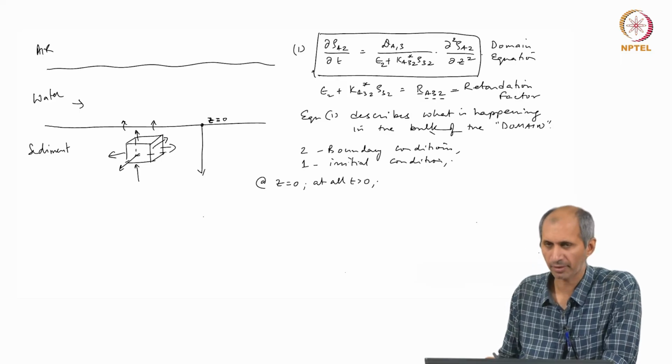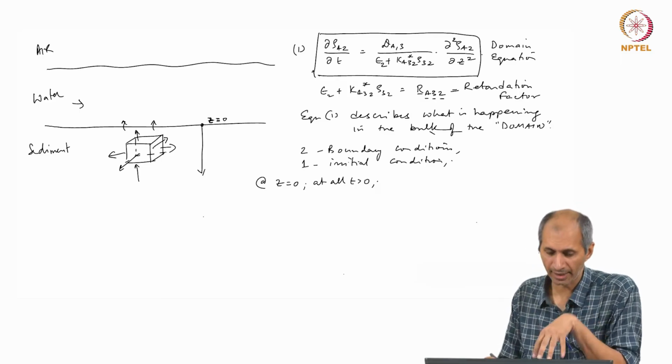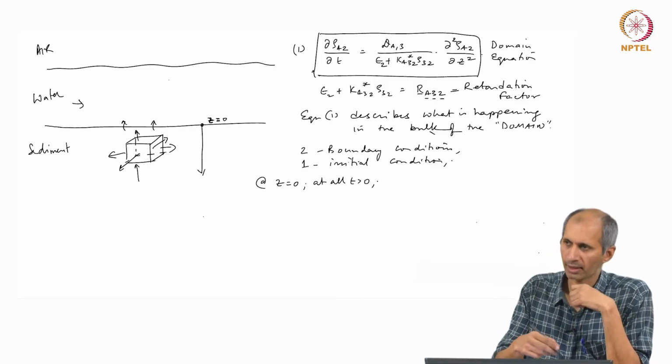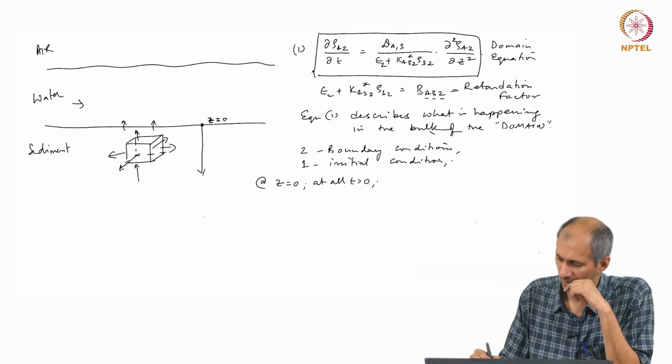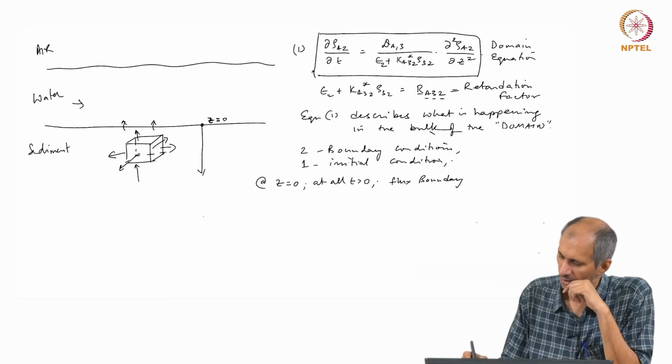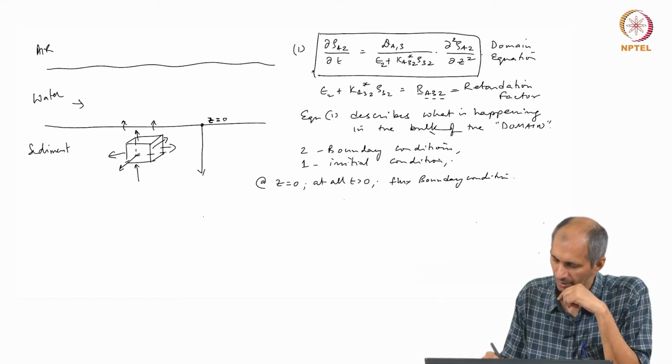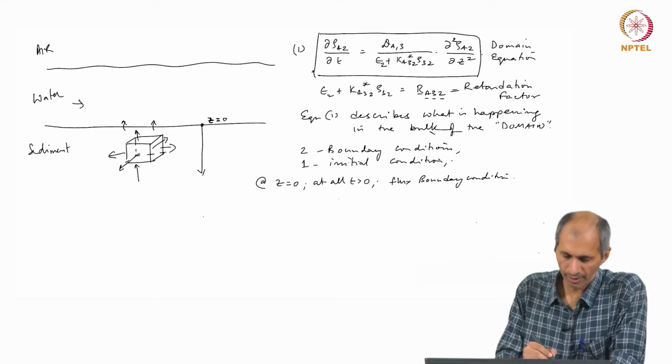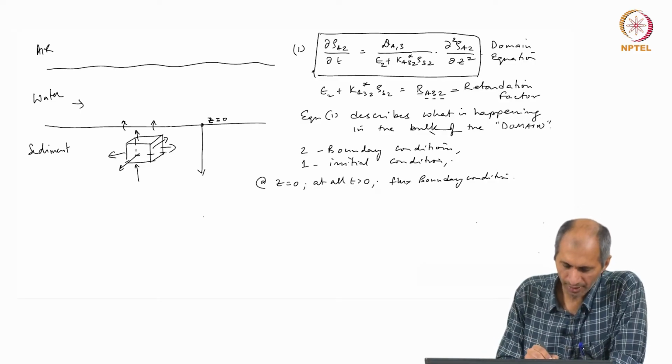There are several possibilities, but in this case material is going out at that boundary. So we can use what is called a flux boundary condition. Boundary condition can be anything. Say we can have a flux boundary condition, where we are assuming that at steady state there is no accumulation at the interface.